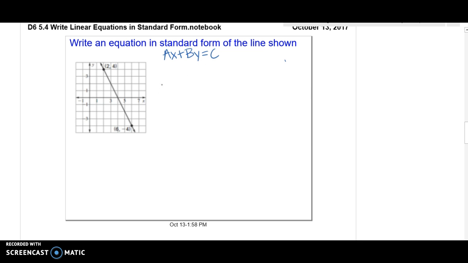They don't really mean anything until you put them in y equals mx plus b, or slope-intercept form, because we know that the m is the slope and the b is the y-intercept, or the point-slope form, which is y minus y1 equals m times x minus x1, because we know that the slope is m, and then we have a point, x1, y1, so that means something. But A, B, and C don't mean anything.